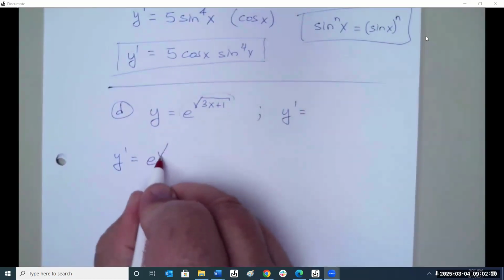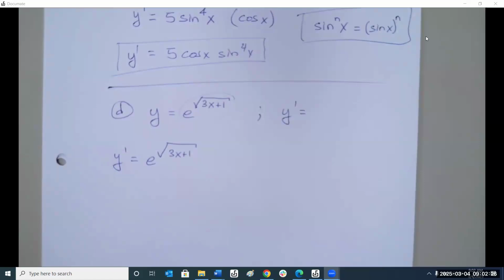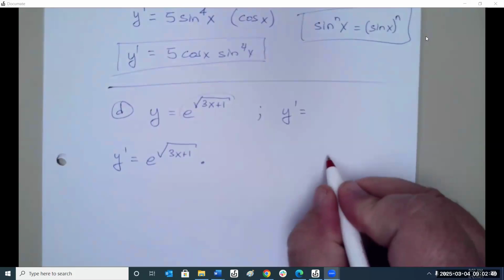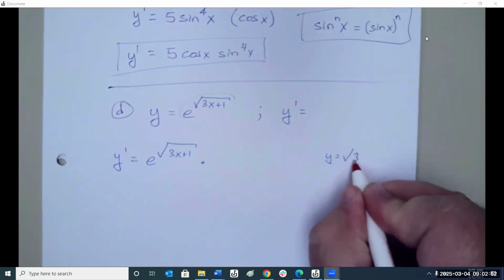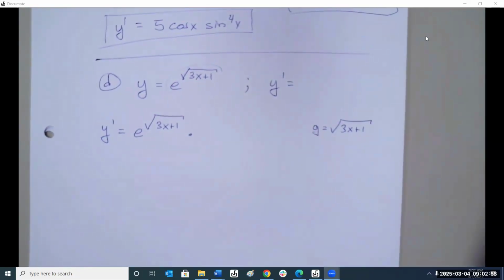So it's going to be that. That's the derivative of e, times what? Now you have to take the derivative of what part of it? Where's the only part with an x? The exponent. So now we have to look at this equation. Let's make that g. Now we have to find the derivative of this one. How do we do that?